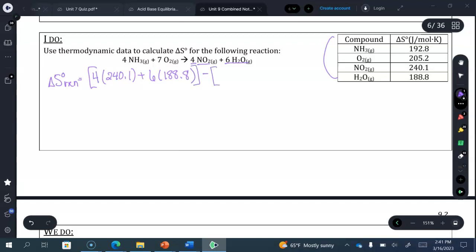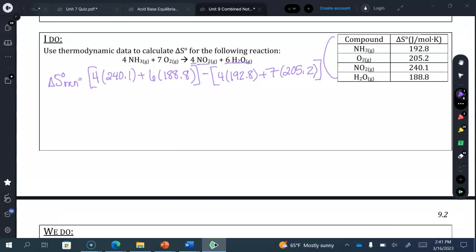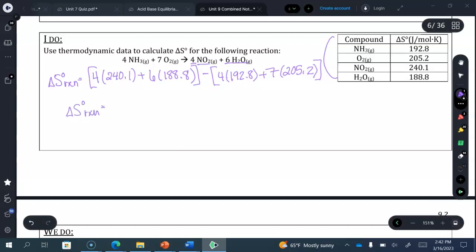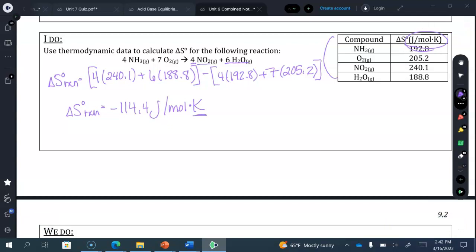And then I'm going to subtract the reactants, so 4 times ammonia, and then 7 times oxygen. Now we'll use a calculator and determine that delta S of the reaction is equal to negative 114.4, and our units are joules per mole Kelvin. Remember that delta S, unlike delta H, has Kelvin in there as well.